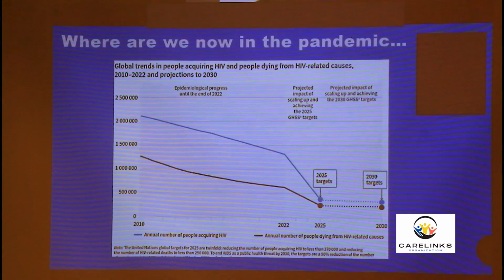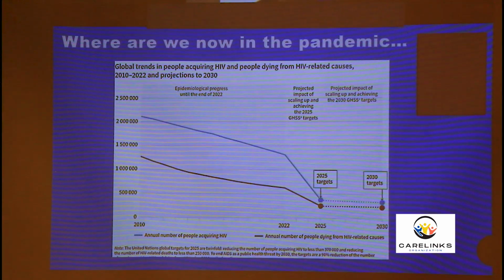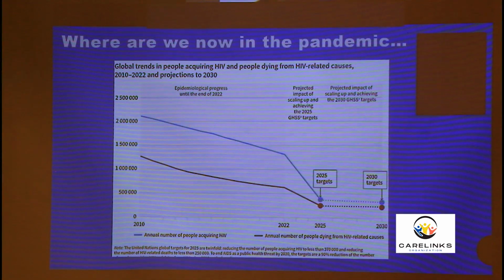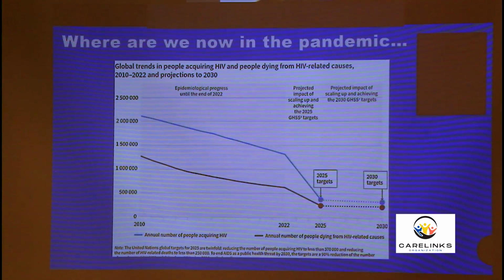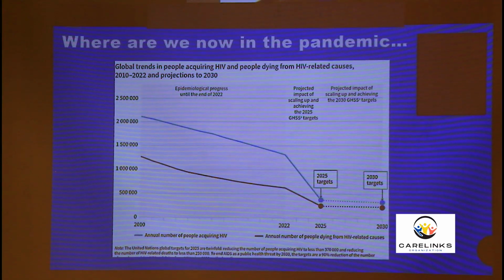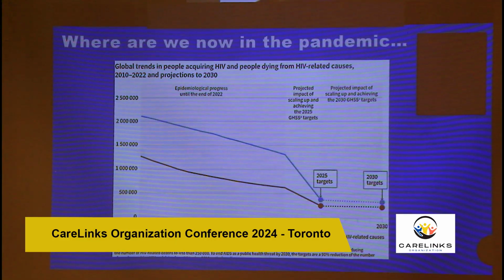So I just want to finish, where are we now in the pandemic? You can see that we are making progress with reductions in both HIV acquisition, that's the blue line, and also in the number of people who die from HIV-related causes.